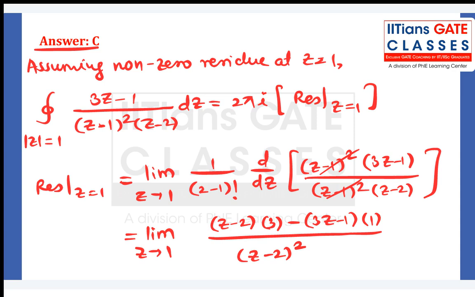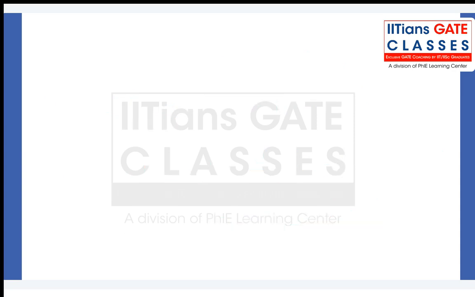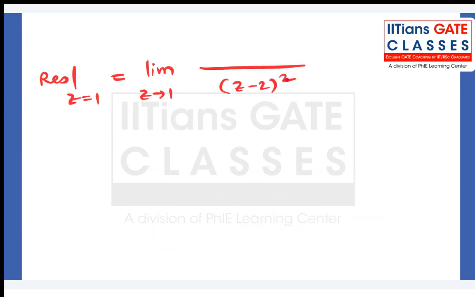Okay, so this residue at z equal to 1 for your function comes out to be, I'll write one more step, otherwise I can directly put z equal to 1 in this whole thing, but let's do that. So this is (z minus 2) whole square.